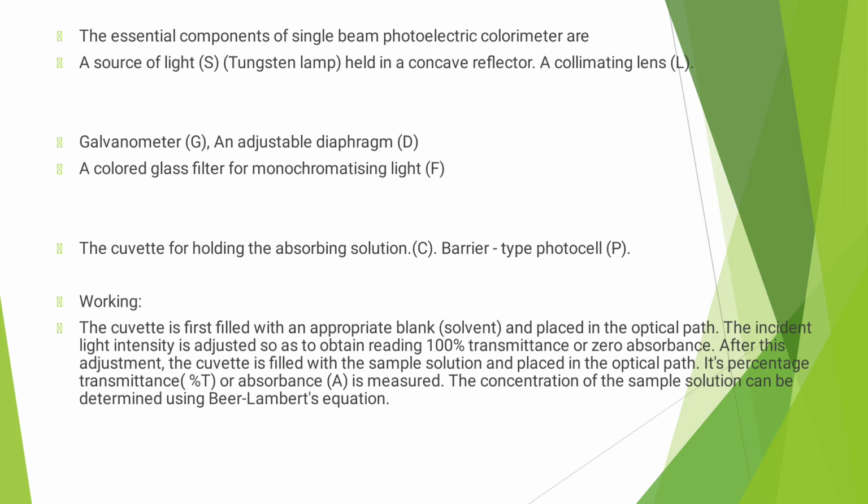Then the absorbance is 0% because the solution is blank, and we get 100% transmittance. If we put a black cuvette, that is nothing but black body radiation, we will get 100% absorbance and 0% transmittance.